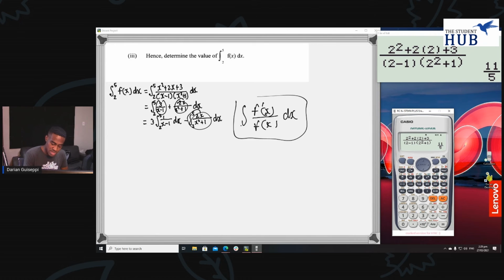That rule says that if you have a function of this form, the integral is the ln of the modulus of f of x, plus c, but we don't need the plus c because this is definite integration. So basically, we'll be applying that rule here.